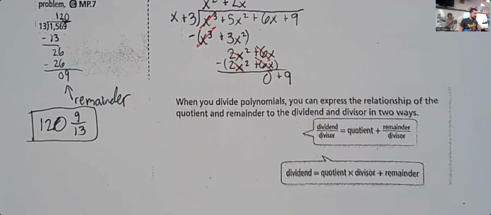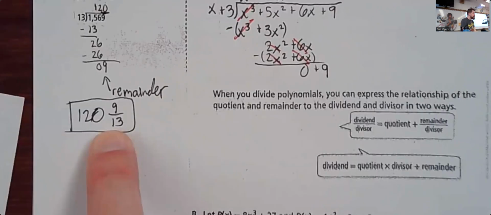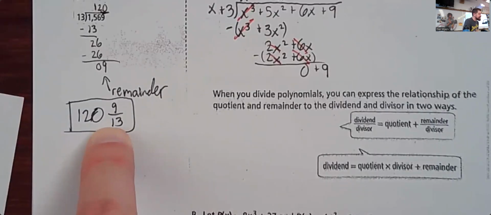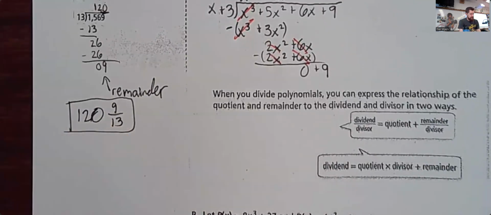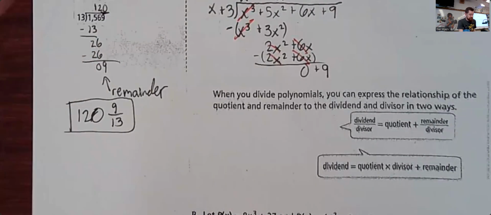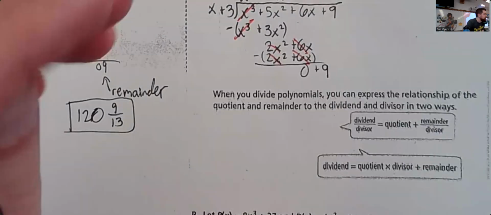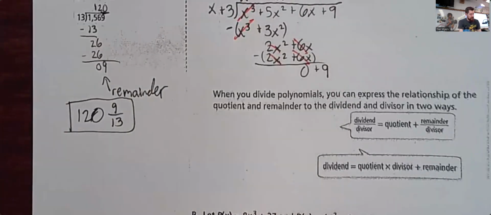The first one is writing it like we did over here. So our first answer we're going to write is x squared. Actually, okay. So here we go.